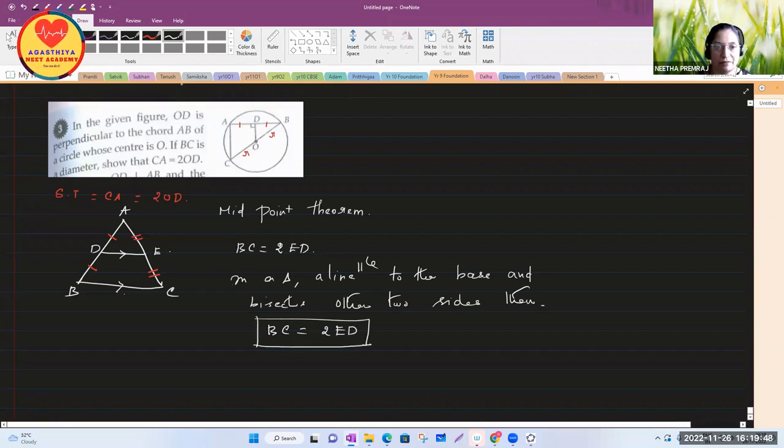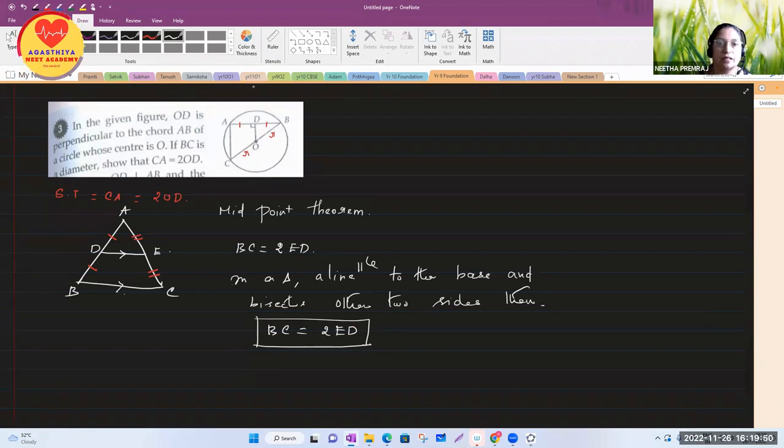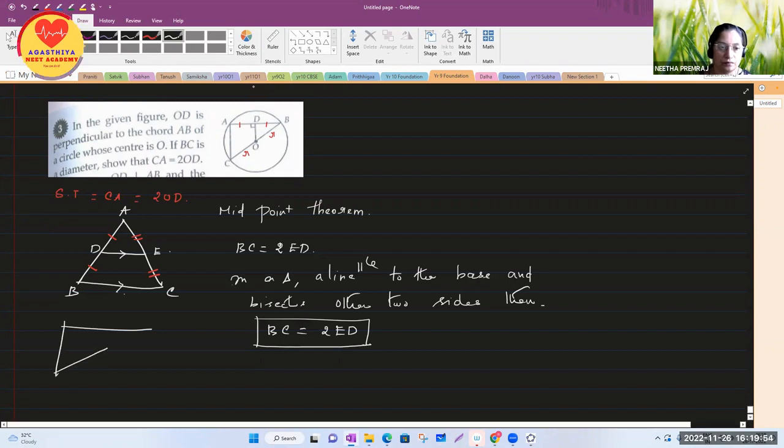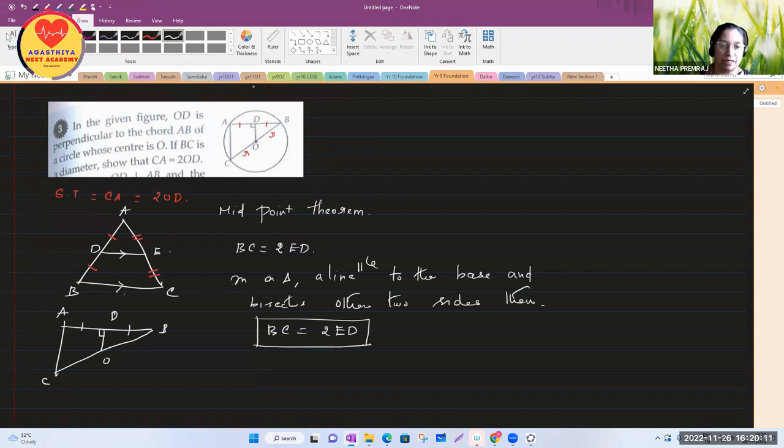Now, if you see the figure, if you take the triangle, these two measures are equal because a line drawn from center perpendicular to the chord bisects the chord, that you know. And OB and OC are radius.